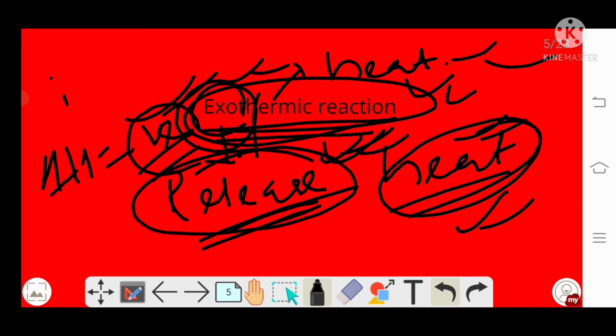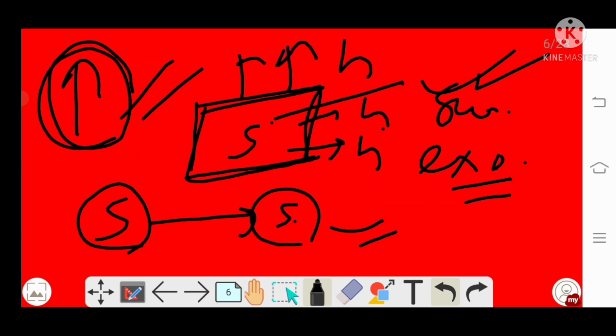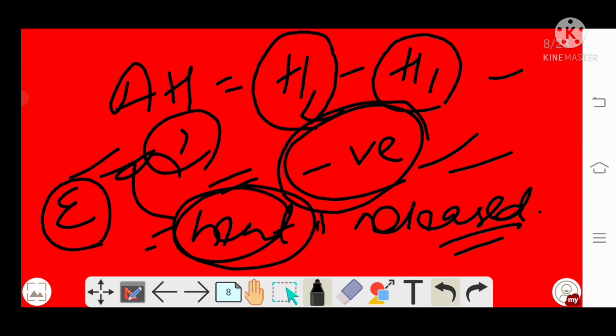Products have low energy than that of the reactant. The energy is released from the system to the surroundings.